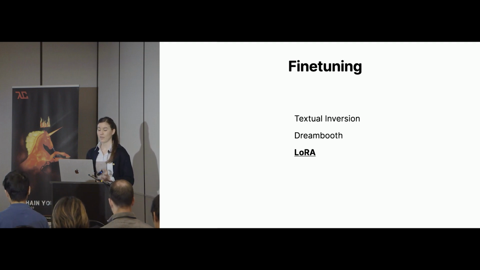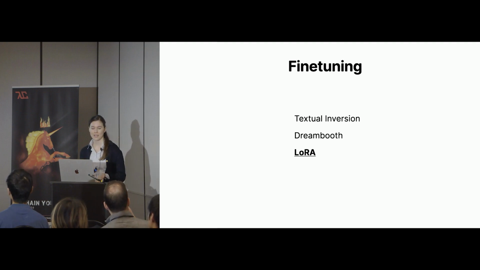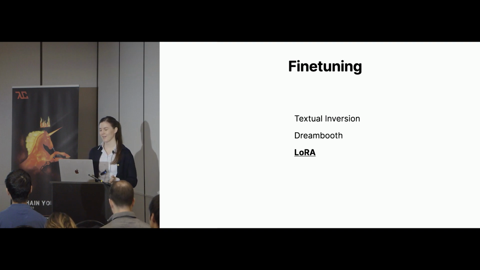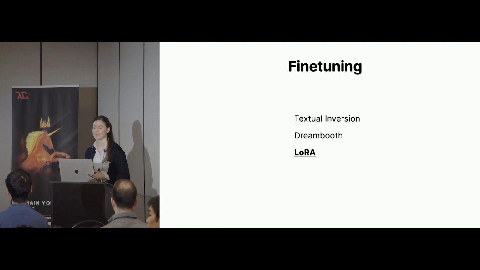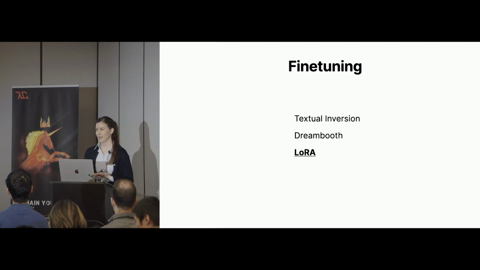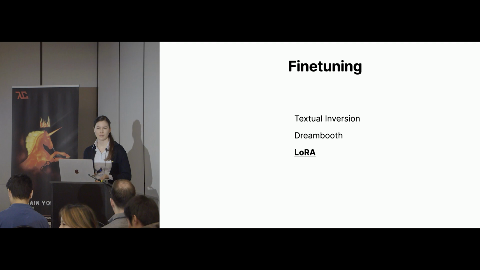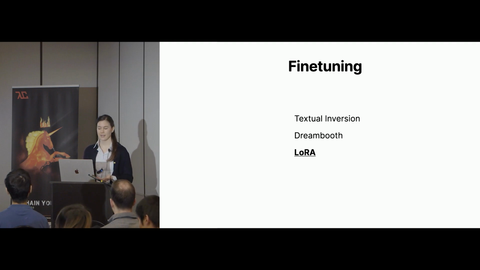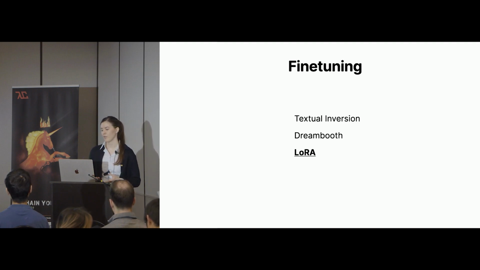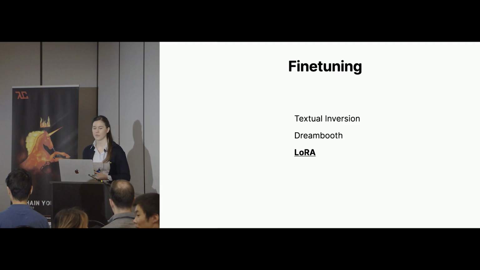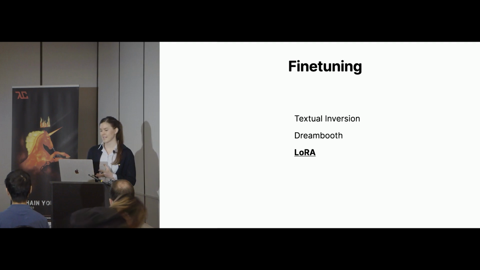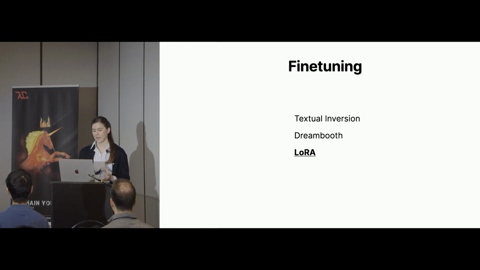So we found LoRA. It's a low-rank adaptation developed by Microsoft Research. It's a mathematical technique to reduce the number of parameters that are trained, and it freezes the weights of the original Stable Diffusion model and adds new layers into it with rank decomposition weight matrices for training. And it creates a difference to the base model, and the training with LoRA is much faster.